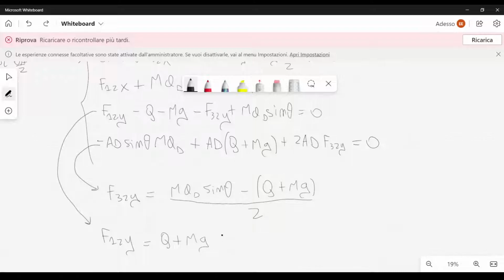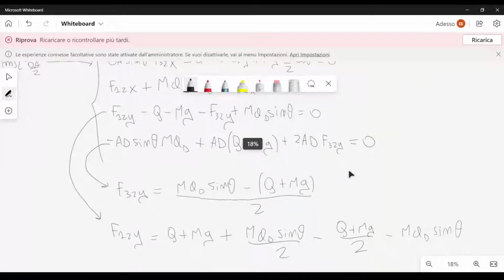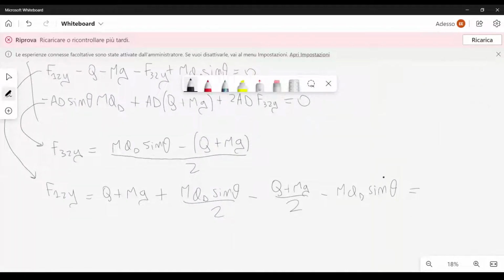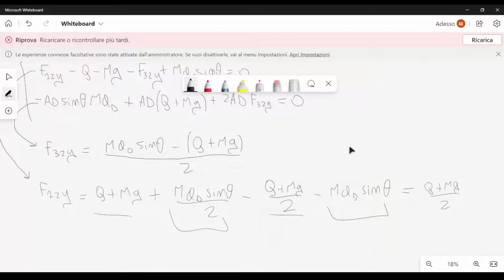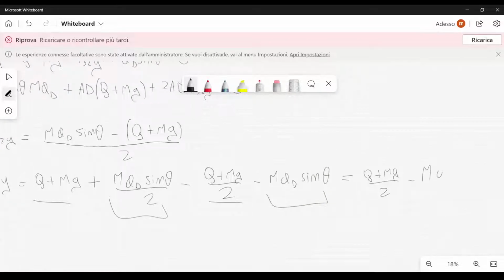So I have plus mad sine theta over 2 minus Q plus Mg over 2. And then I also have minus mad sine theta. And if I put these two together, this one with this one, and this one with this one, here I get Q plus mg over 2, and then I have minus mad sine theta over 2.